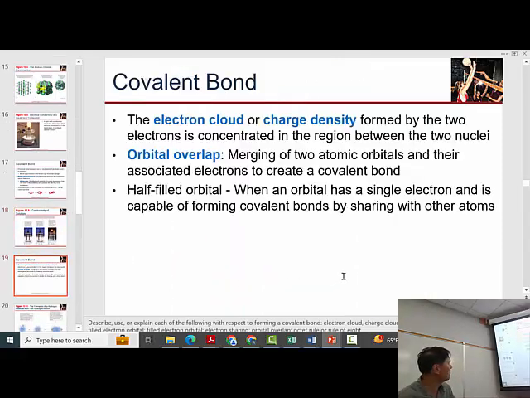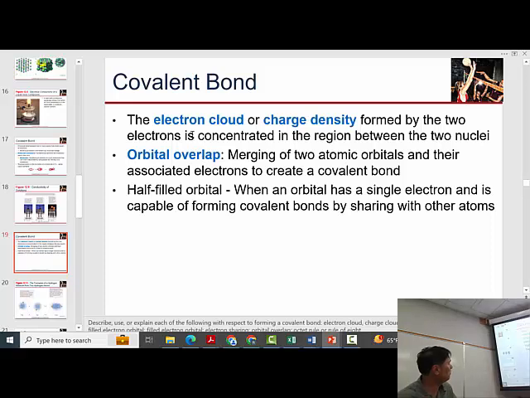So let's look at the covalent bond in more detail. There are different ways we think of covalent bonds. The electron cloud or charge density formed by two electrons is concentrated in the region between the two nuclei. So how does a covalent bond hold the atoms together?